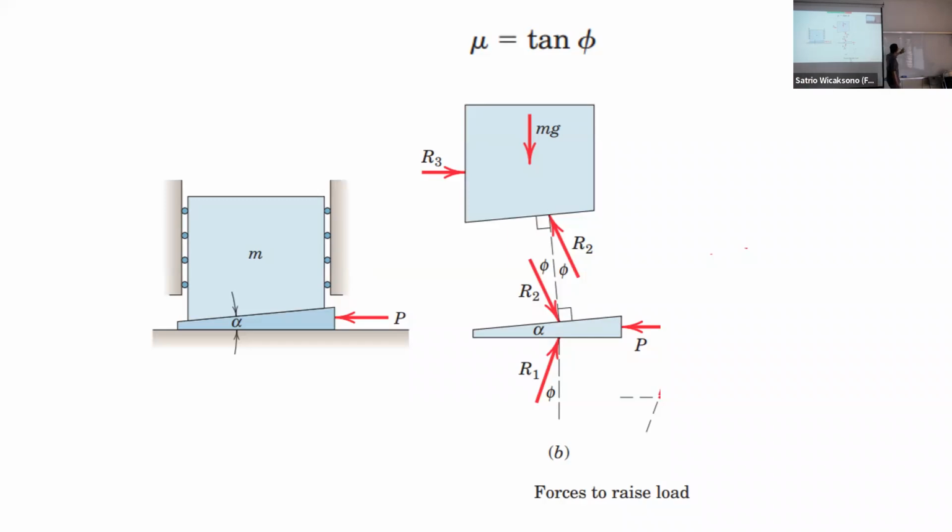It can go to the left or to the right. If the result is negative, the direction is supposed to be opposite, so you can assume any direction here. But remember, R is the resultant of the contact forces here and here. Any question?